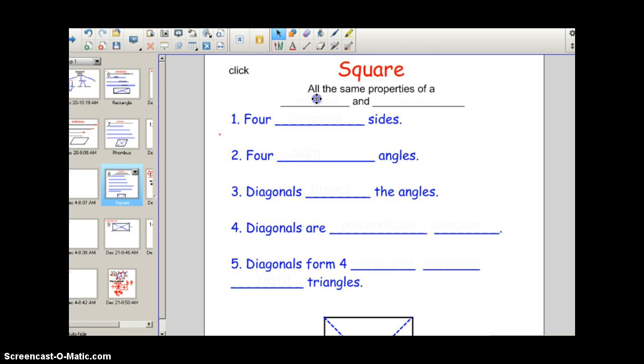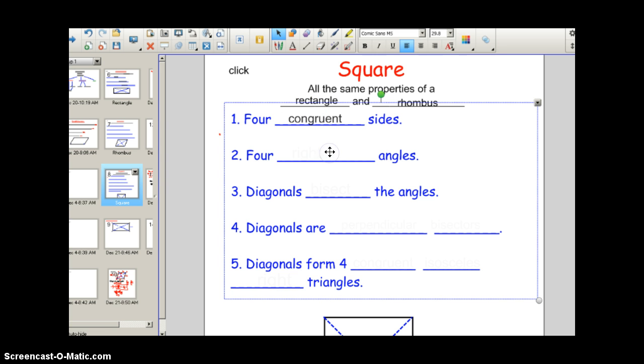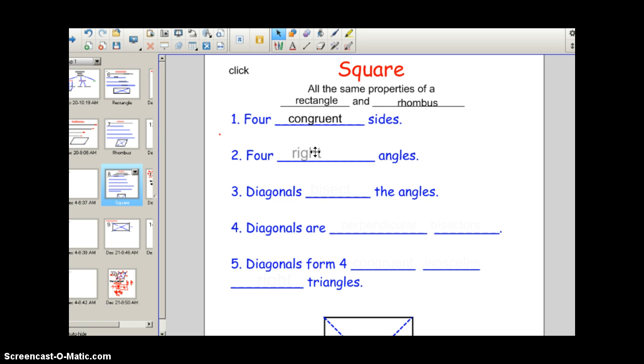So in our notes, they're all the same properties of a rectangle and a rhombus with 4 congruent sides, 4 right angles, diagonals that bisect the angles, diagonals that are perpendicular bisectors, and diagonals that form 4 congruent isosceles right triangles.